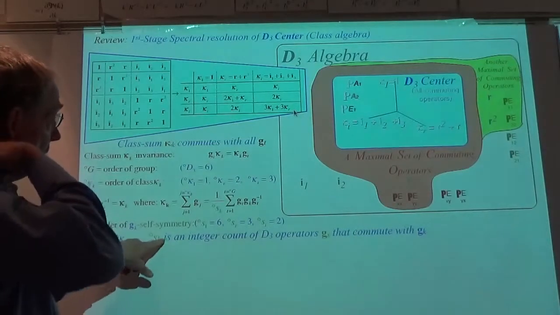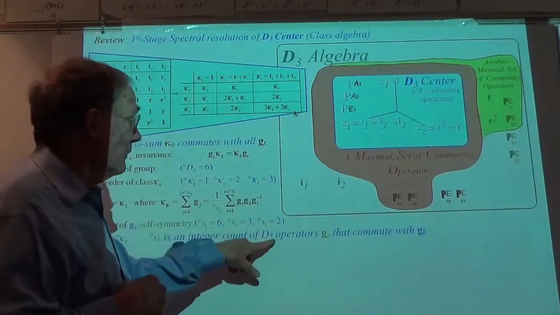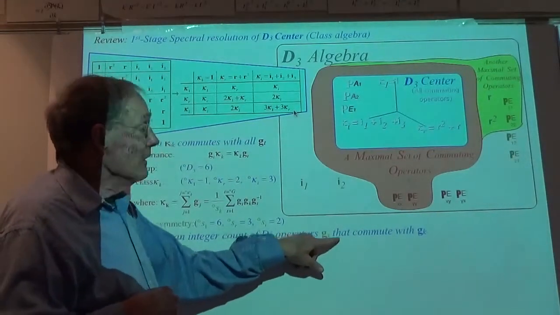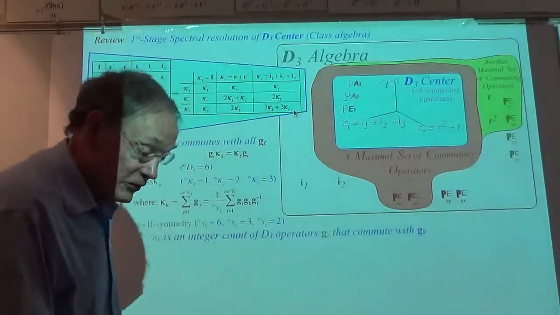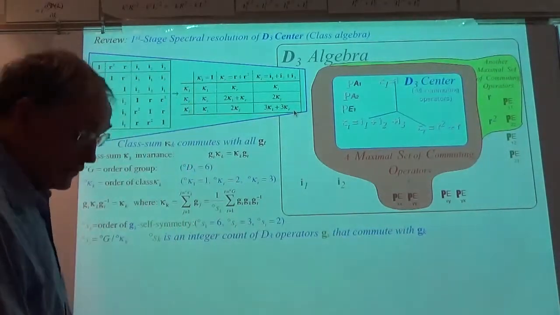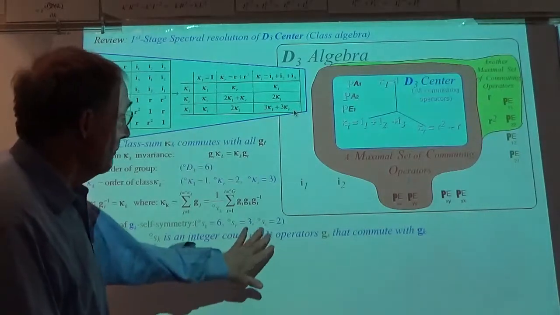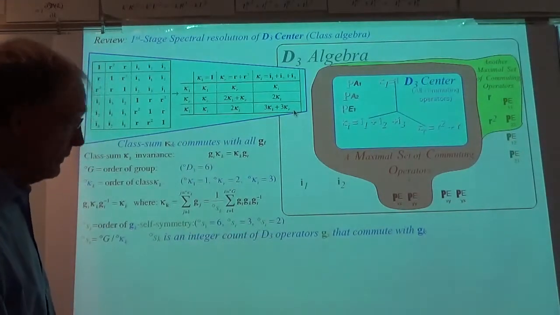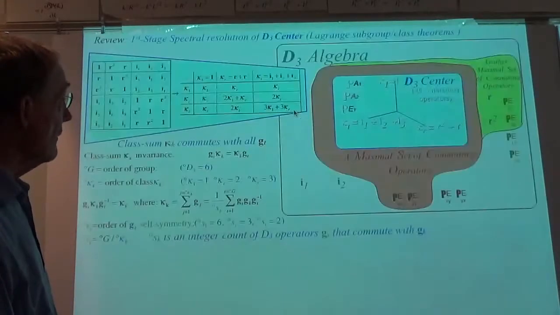This order of a self-symmetry is an integer count of operators G that commute with a particular GK. That's a general self-symmetry statement for any group, but in particular we're interested in D3 now, so we're applying that.